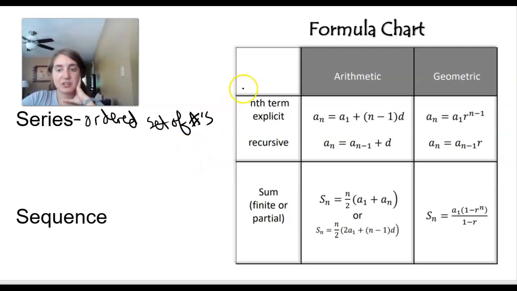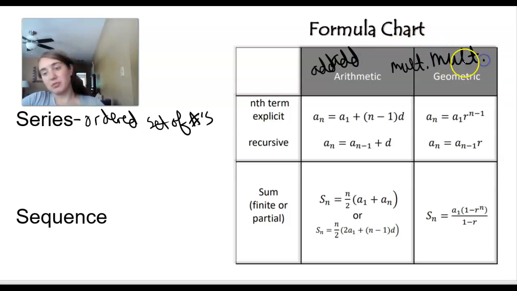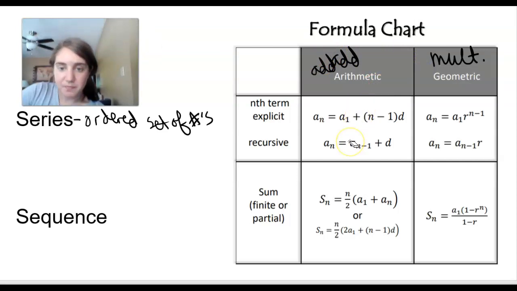And we're going to start seeing formulas. If it's arithmetic, that means we're adding in between them. If it's geometric, that means we're multiplying to get from one number to the next. So we're going to keep this in mind, and we're going to keep adding to this as we go. So make sure you have a spot in your notes to write all this down.